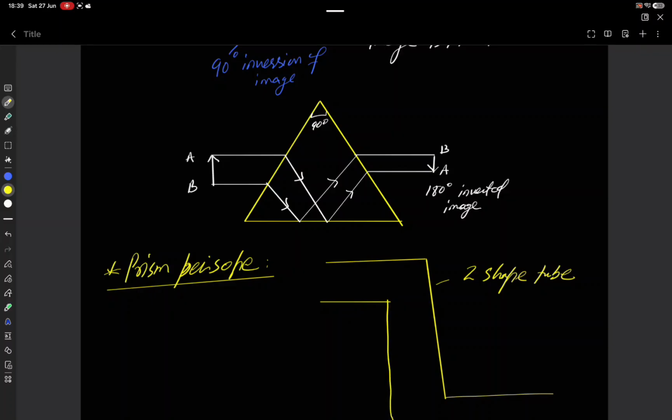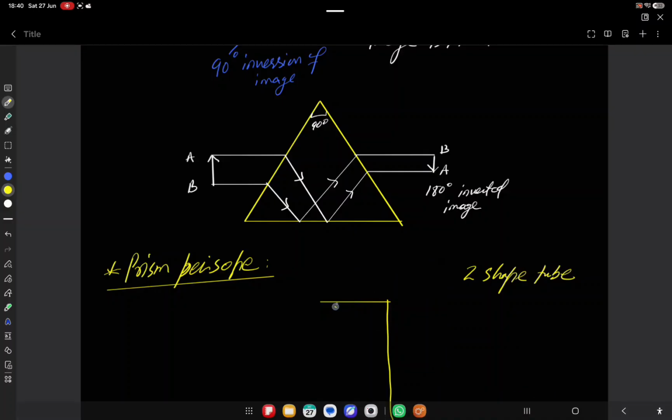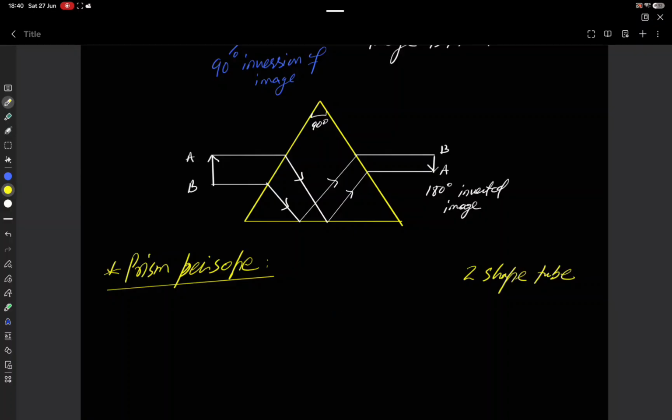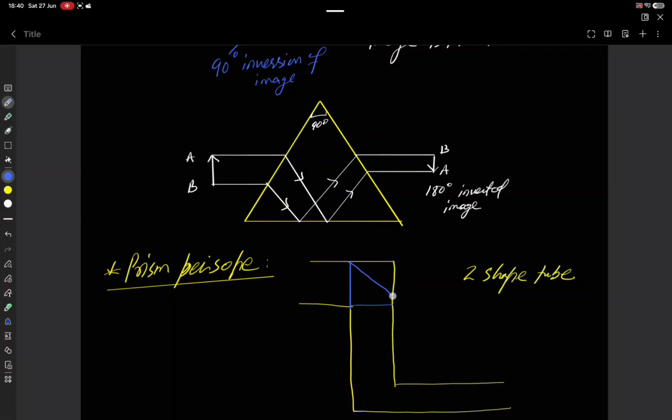So in the Z-shaped tube we have two right angle triangle prisms.